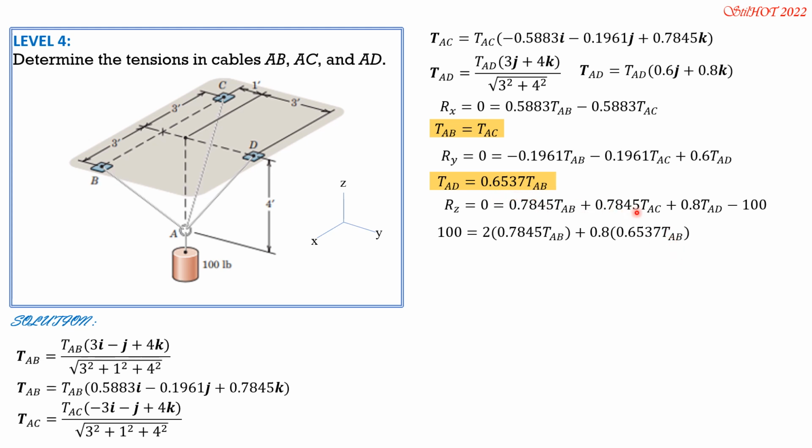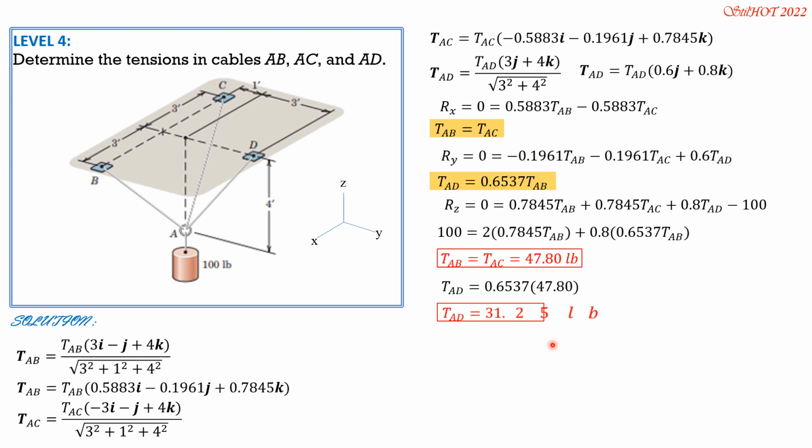So we combine these two because these two are equal, so times 2. Then 0.8 of tension AD, and AD is 0.6537 tension AB. So tension AB can now be computed: 100 divided by quantity 2 times 0.7845 plus 0.8 times 0.6537. So tension AB is equal to tension AC, 47.8 pounds, and tension AD is 0.6537 times 47.8. So tension AD is 31.25 pounds.